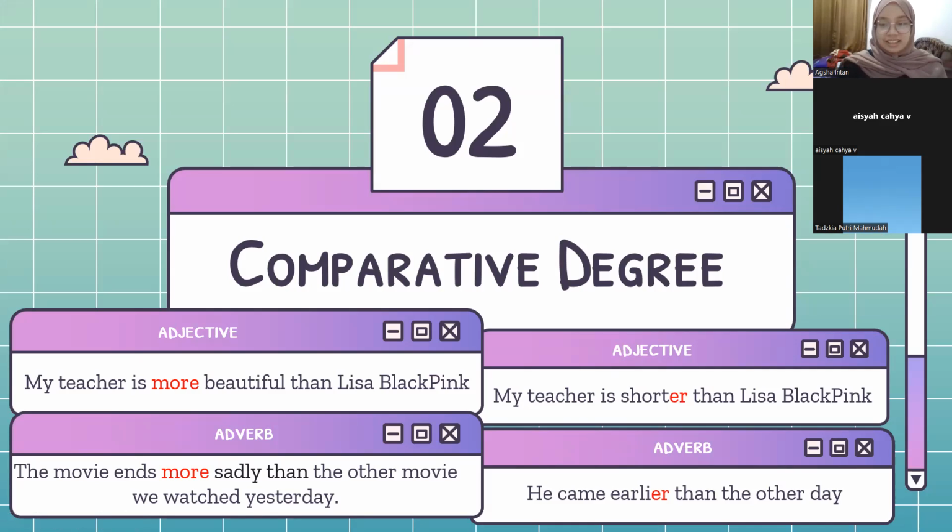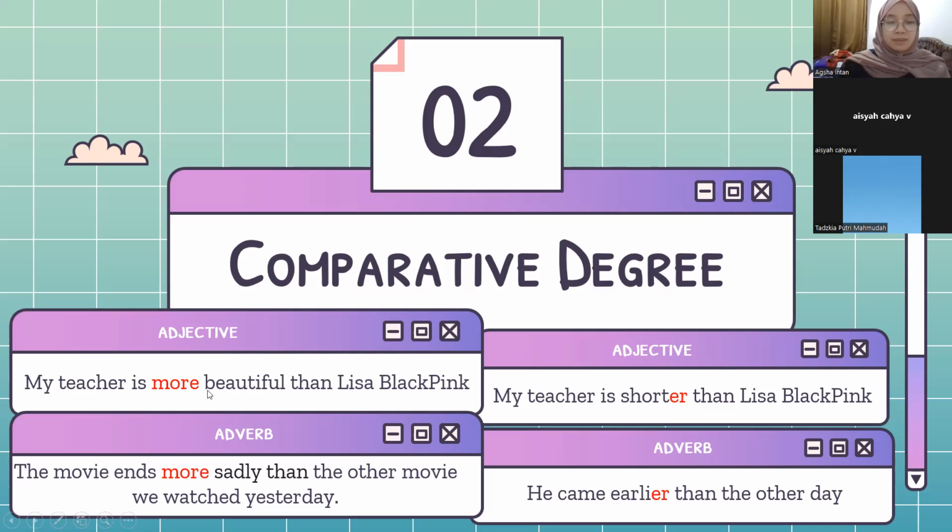That's correct, the syllables. So when we are using an adjective word with two or more syllables, we use more.